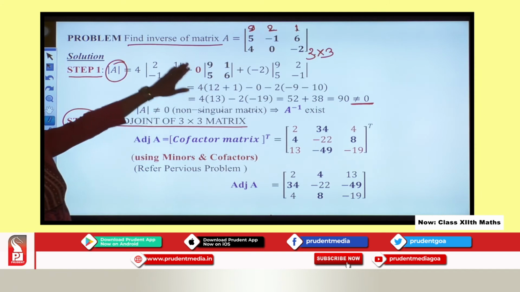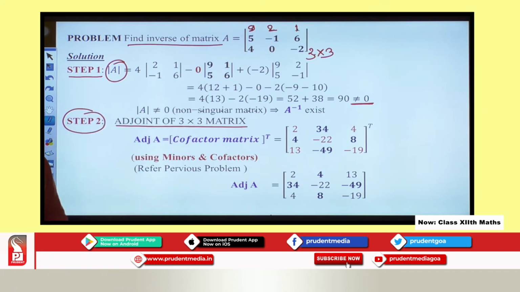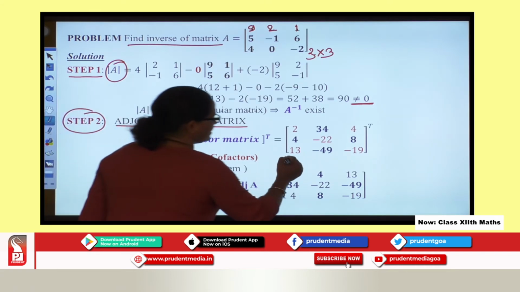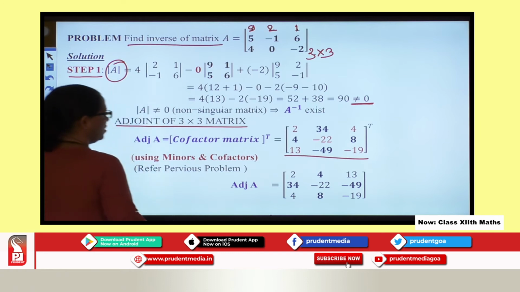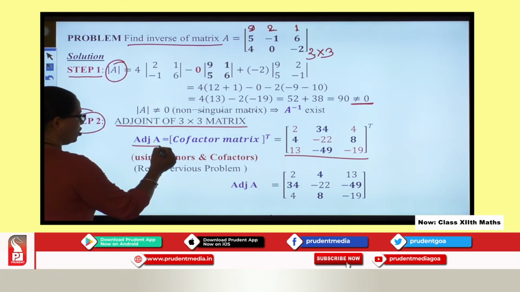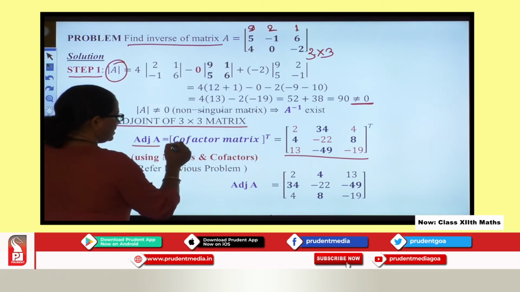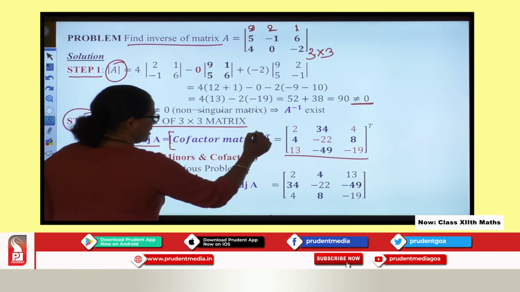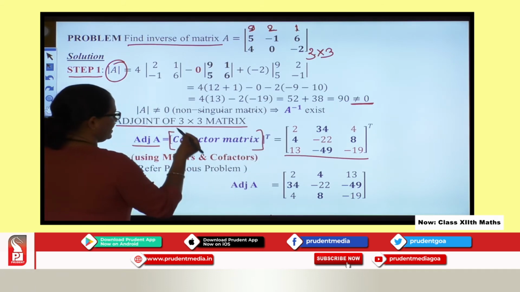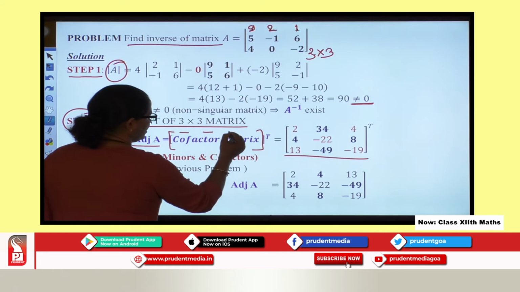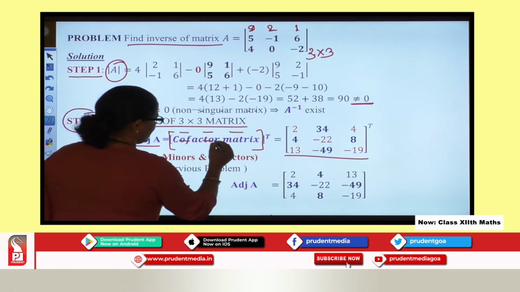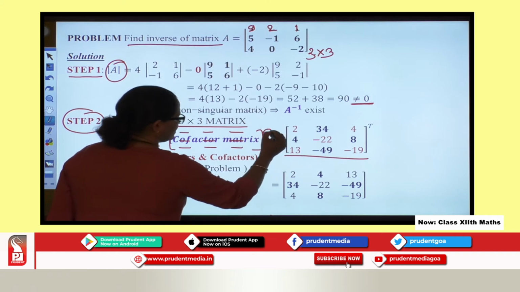We discussed the same problem before, how to find minors and cofactors, so I directly considered this matrix. The adjoint is nothing but the matrix you get by writing all the cofactors in their corresponding places and taking its transpose.